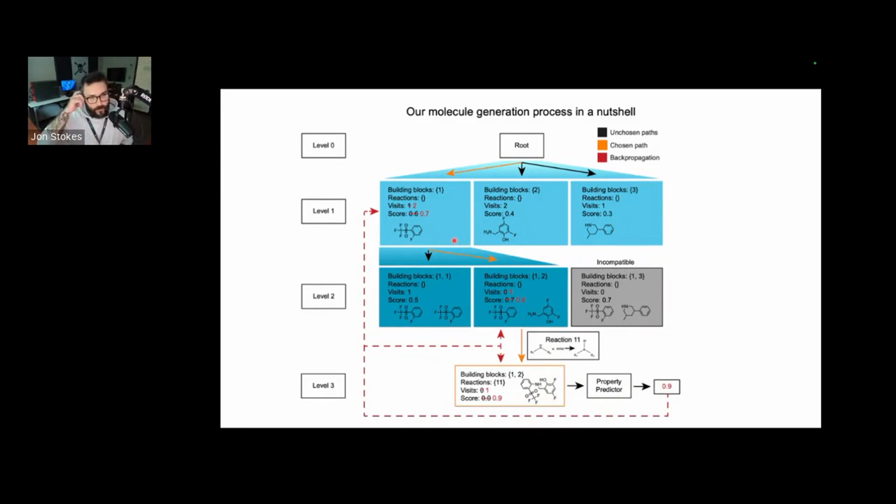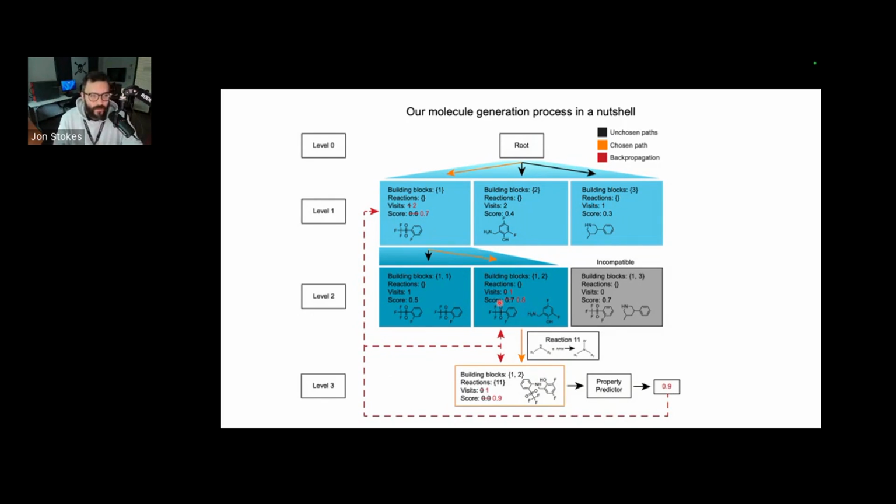Now, you can imagine if you run this over and over and over again, we're going to have building blocks that make good antibiotics have scores that increase over time, and building blocks that make poor antibiotics are going to decrease over time. So what we're doing as we're updating all of the weights, all of the scores of each node in our tree, is we're learning how to navigate this large combinatorial chemical space in order to find building blocks, which when put together, make high scoring molecules.